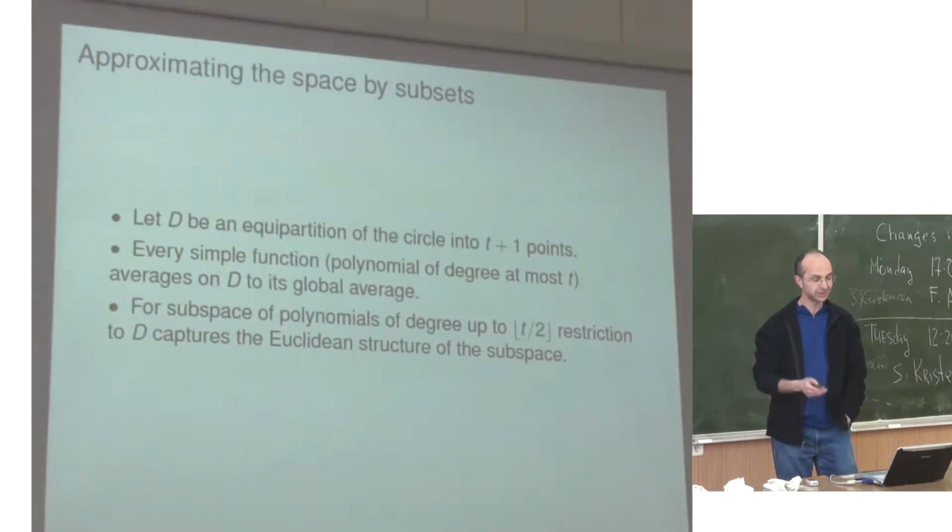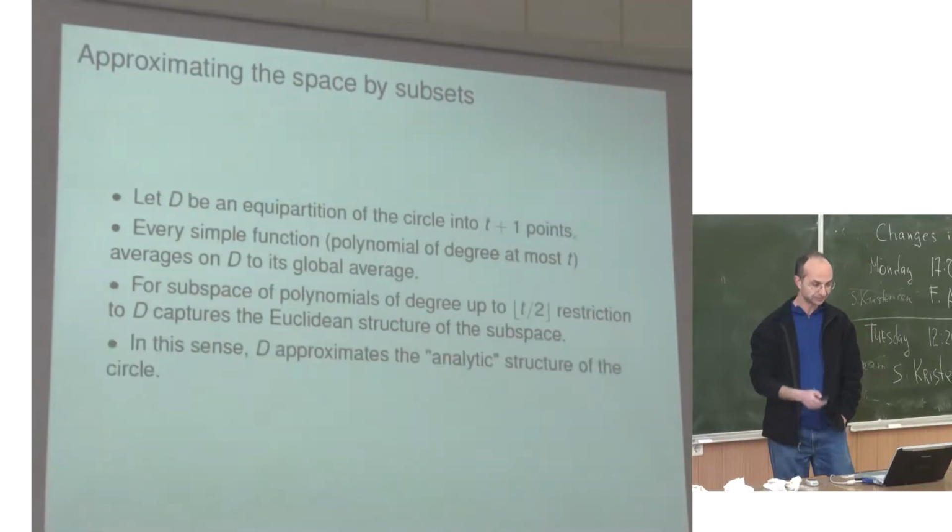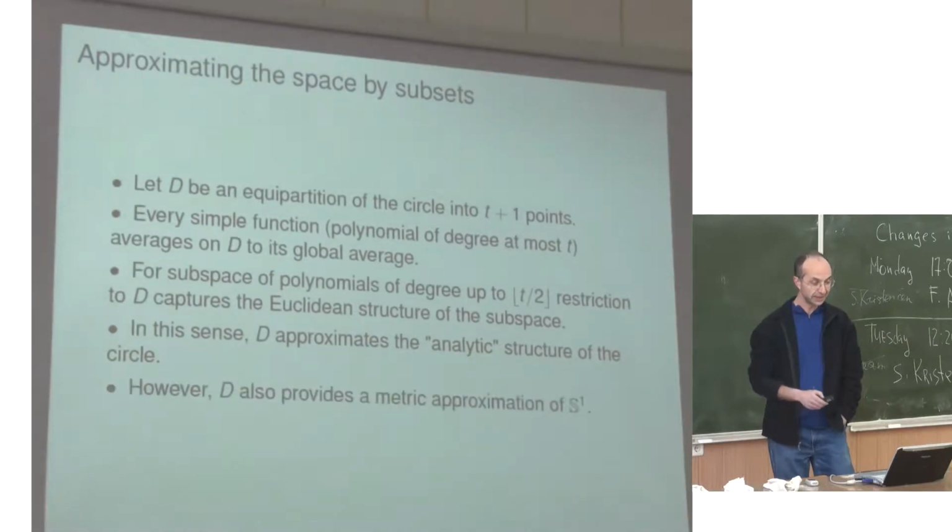So it's very nice, and I can approximate a circle by its equipartition. In this sense, D gives an approximation to, if I may, the analytic structure of the functions on the circle. And it also provides a metric approximation.